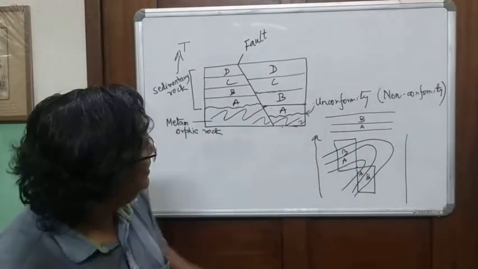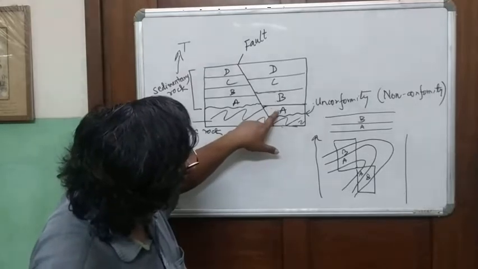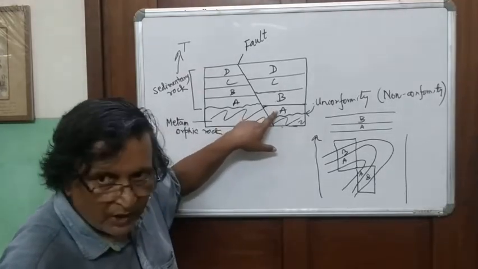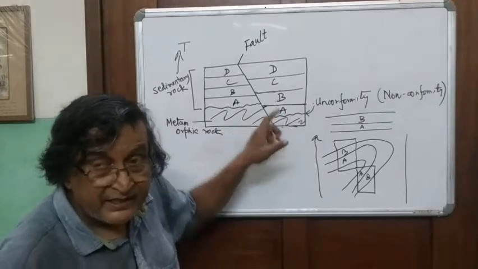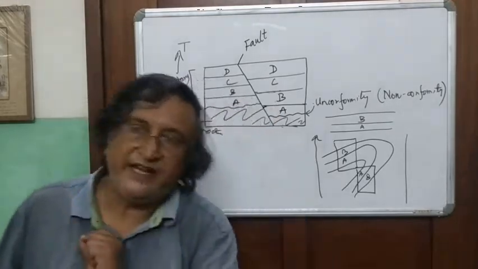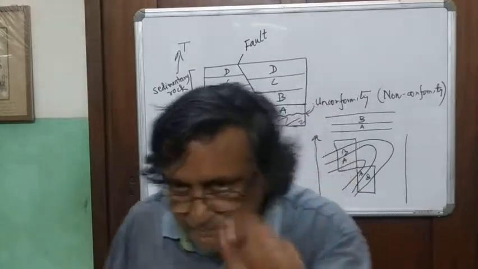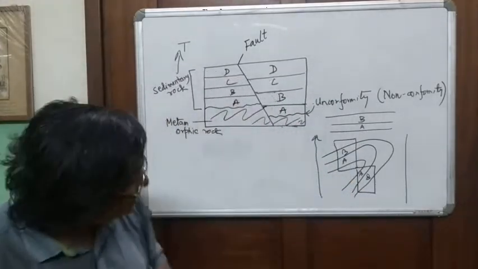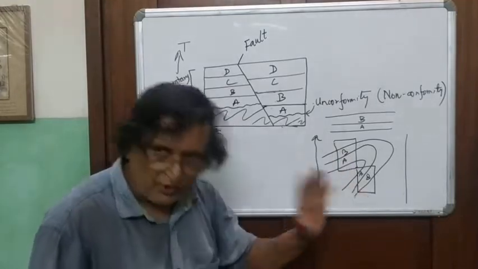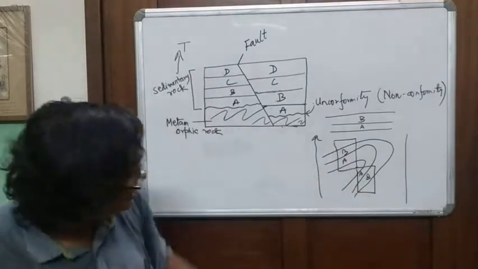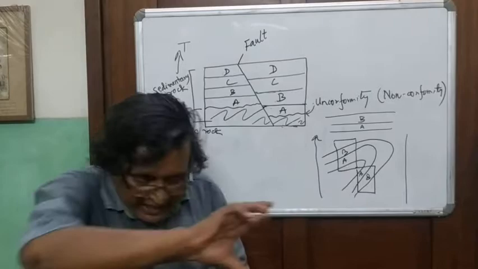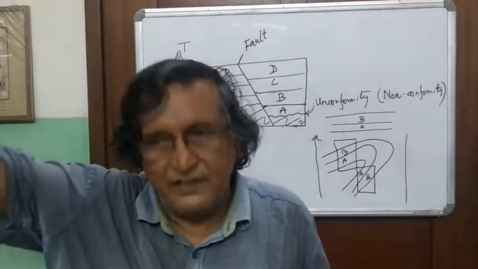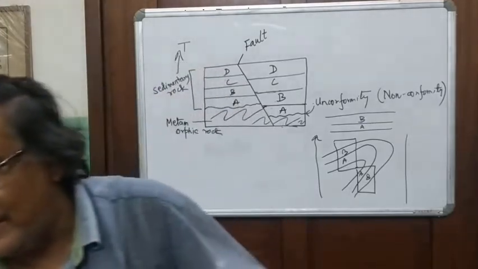That is why, when I write here A is older, it does not mean that what is lower is always older. There are certain criteria which I will tell you later on to unambiguously say which is older and which is younger. I am just telling you to be cautious. Because you are young minds, you can have inversion of time also. But we will do that when you are a little more mature.